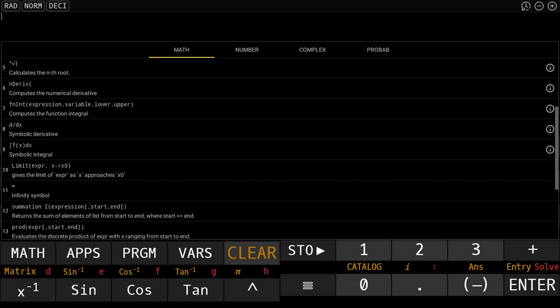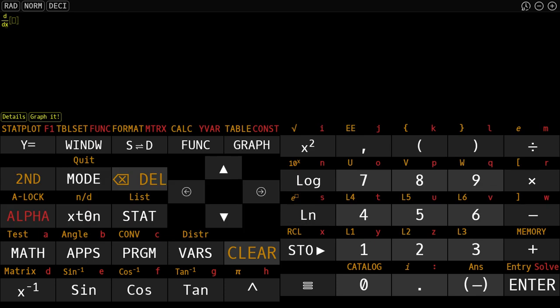Okay, so let me take you through, for example, doing a symbolic derivative. All right, so I'm going to click on function number 8. And so as you can see on my screen, I get d/dx. So in other words, I'm taking the derivative with respect to x, and now I just need to type in some function. Let me do a polynomial expression with also a trig component.